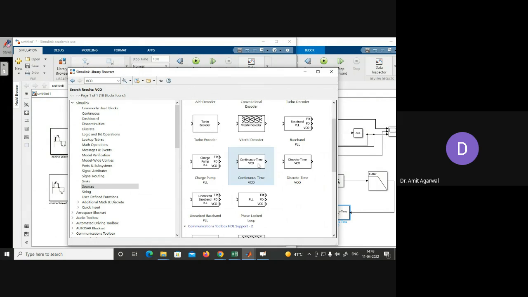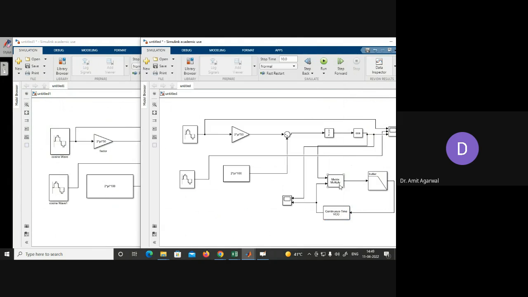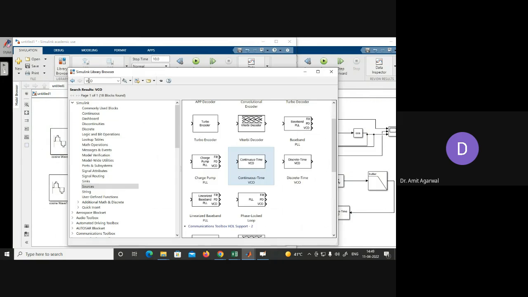Discrete time VCO, continuous. Take this. Now you have to take a matrix multiplier. Multiplier की जगह now you have to use matrix multiply.